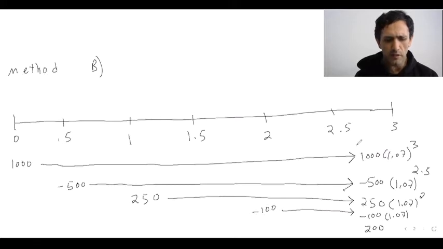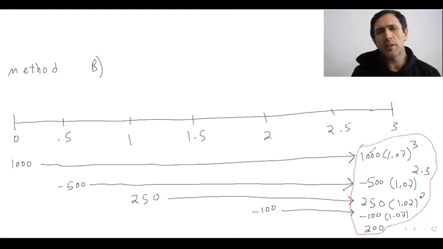Okay, so what I'm going to do basically is add all these up. Again, what's this method? This method is you add up all the deposits and withdrawals, except before you do that, you have to see how much interest each deposit and each withdrawal accrues.